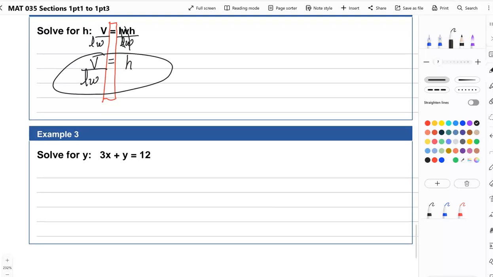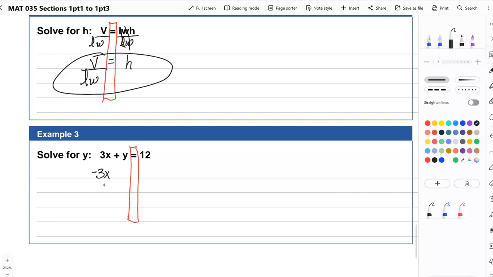Let's look at the next one. We have 3x plus y is equal to 12. Say we want to solve that for y. So again, we're thinking about peeling layers. So I'm going to draw my wall. To get y by itself, I've got to move that 3x.